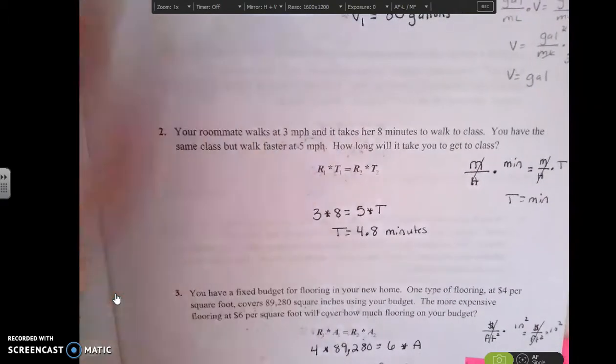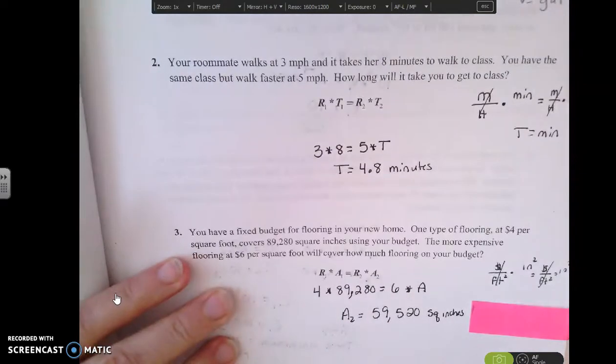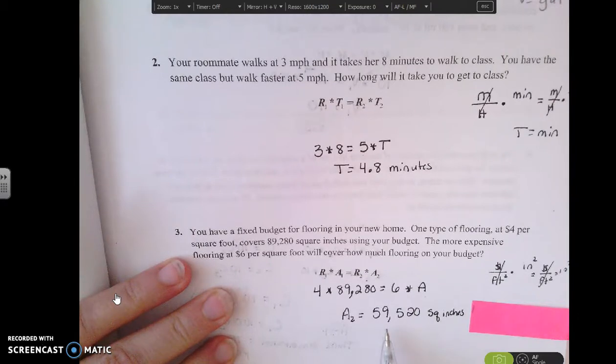So the calculation is going to come out to be 59,520 square inches. And again, your units are canceling over here. The dollars per square foot and the dollars per square foot are canceling, and all you're left with are the inches squared.